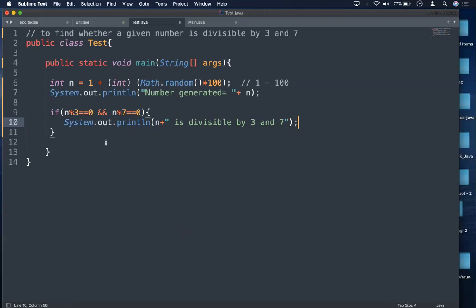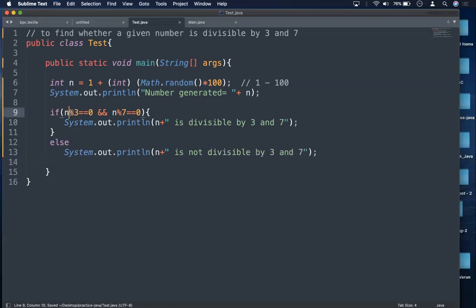If it fails, then I will have the else block. The same thing I can write, just saying that it's not divisible by 3 and 7. So I'm checking more than one condition. That's the point we have to understand here.